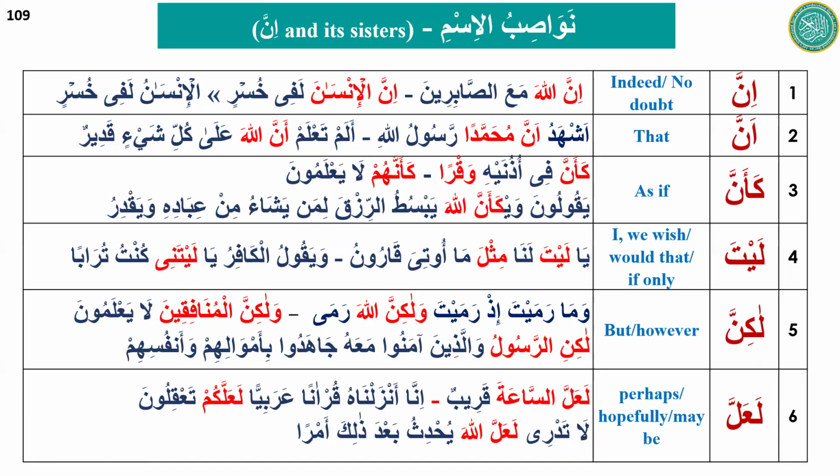Yes, what is the mansub for كأنهم لا يعلمون? Because whenever kanna comes, it will make an ism mansub, right? Where is that mansub ism? So the mansub would be in this يعلمون.